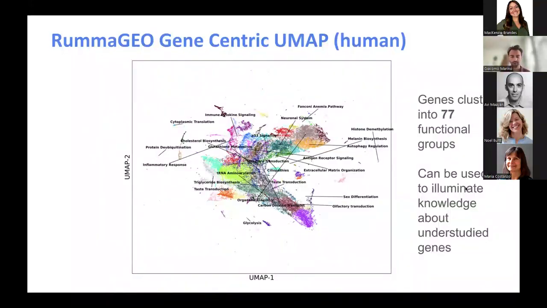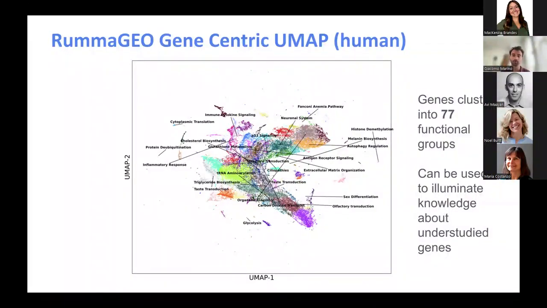Another interesting analysis that we conducted was to take the human RummaGEO gene set library and transpose it, so now we're looking at genes instead of gene sets. If we cluster this collection of genes and what gene sets they're in, then we find, in the case of humans, 77 functional groups. We can then look at the functions of these clusters from a select set of Enrichr libraries and see if we're seeing consistent, significant enrichments.